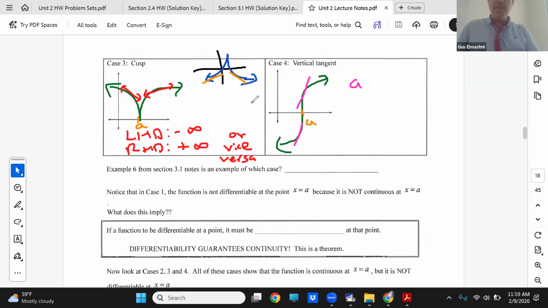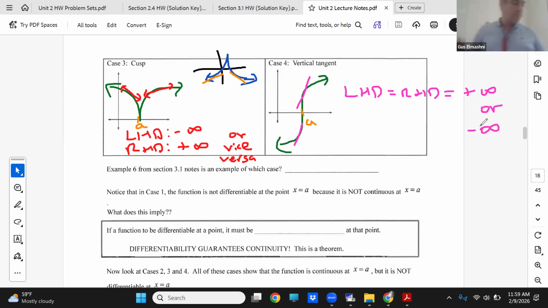The left and right-hand derivatives equal each other, with positive infinity or negative infinity. That's what's happening. So they both equal each other, but they're both positive or negative infinity.